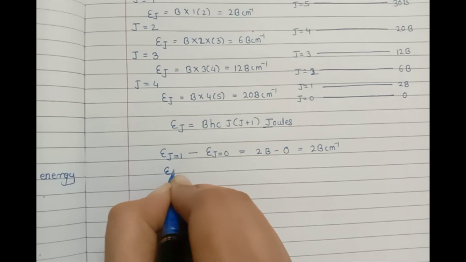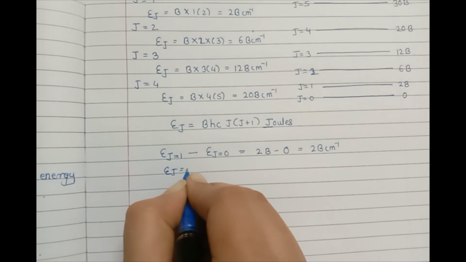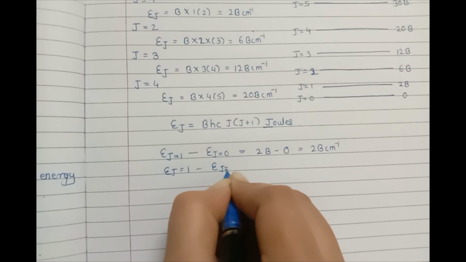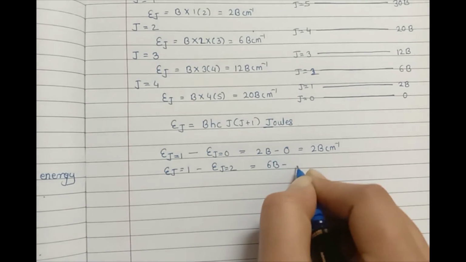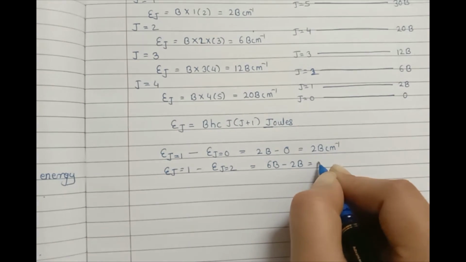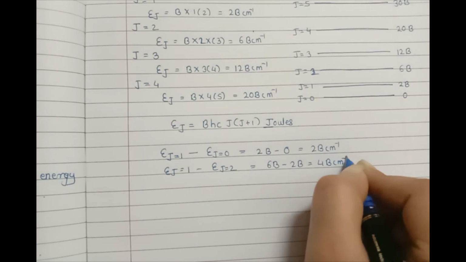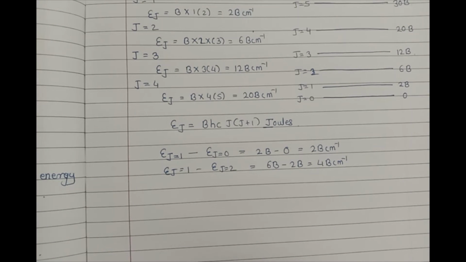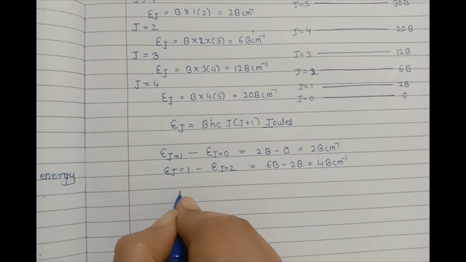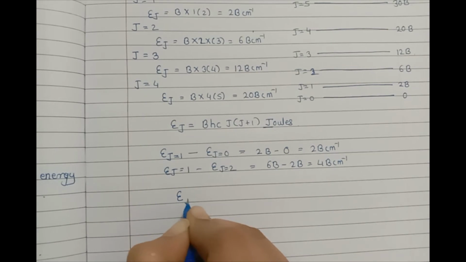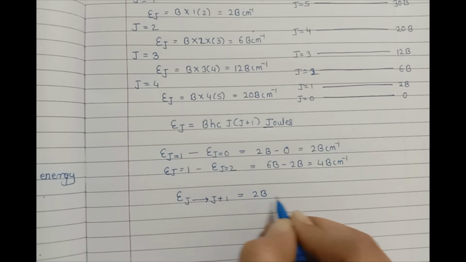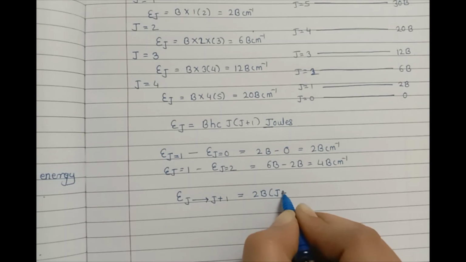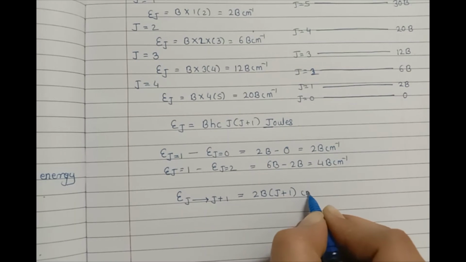Similarly, for epsilon J is equal to 1 to epsilon J is equal to 2, it will be equal to 6b minus 2b. That is equal to 4b centimeter inverse. Is it okay? So what does it mean? That is from J to J plus 1, when the electron is transferred, the equation will be 2b into J plus 1 centimeter inverse.